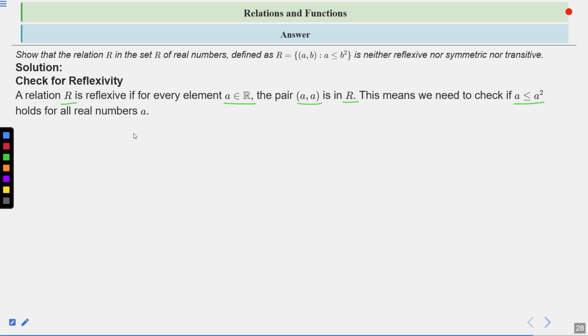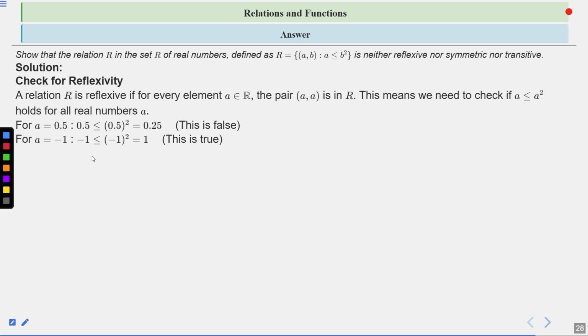So if you take a as 0.5, then its square will be 0.25, and this condition is not satisfied. So false, meaning not reflexive. Now if you pick a equal to -1, then -1 is less than or equal to (-1) squared.